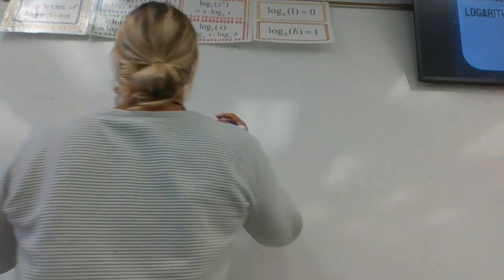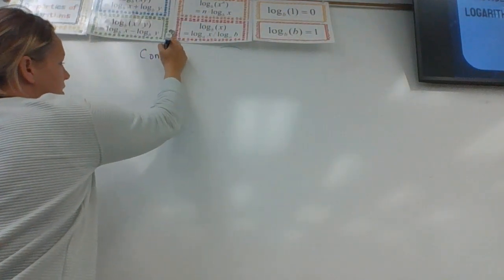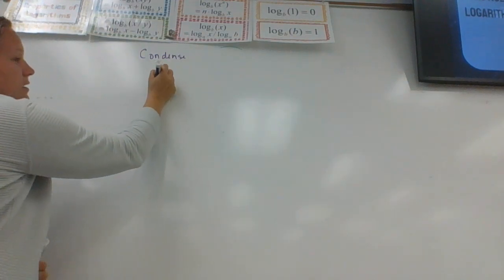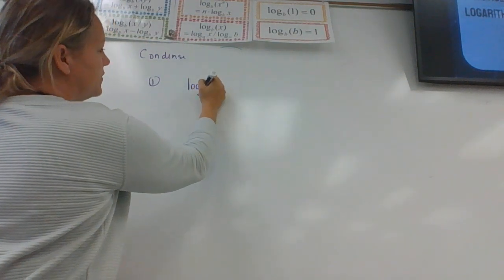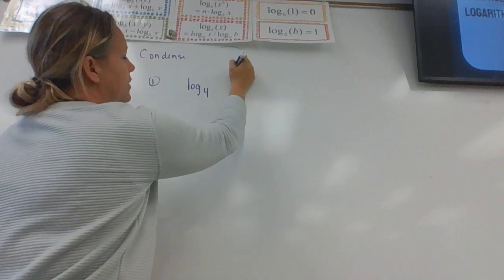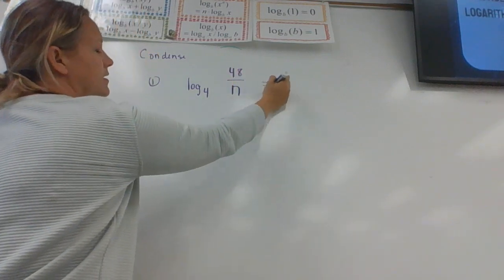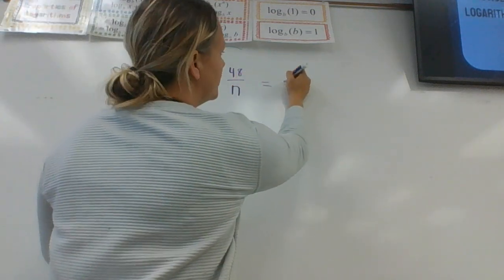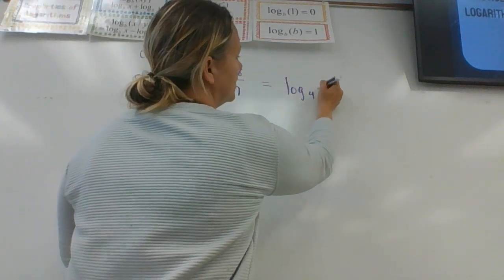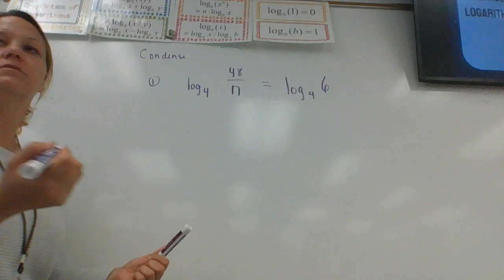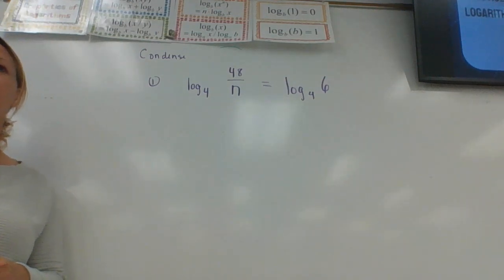So number one, to condense it, I'm going to do a base 4, and I put the 48 over the n. And I make it one logarithm. See that? Similar.